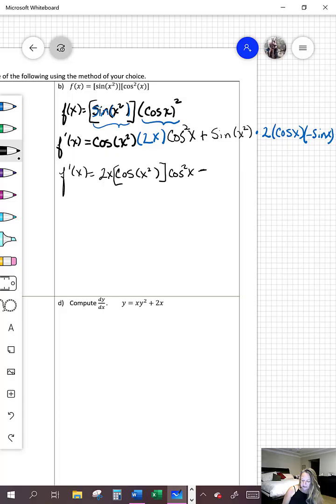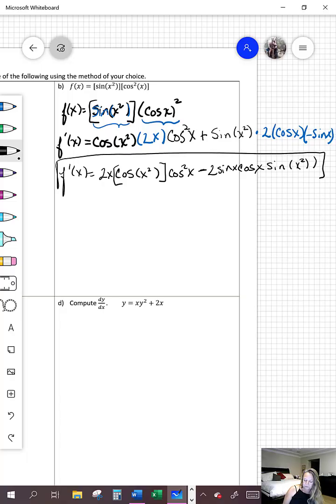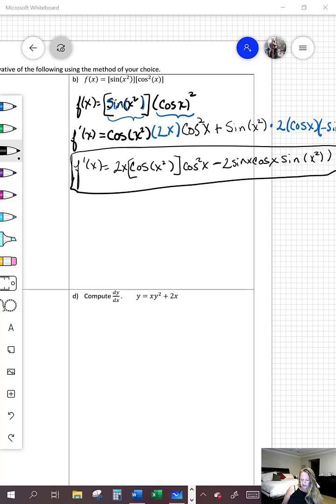So minus 2 sine x cosine of x sine x, or sine of x quantity squared. If you wanted to, you could start factoring out common factors, but for there, that's good enough.